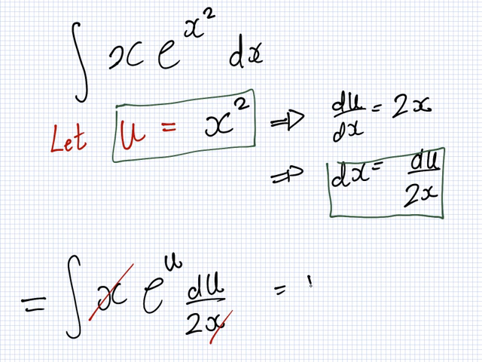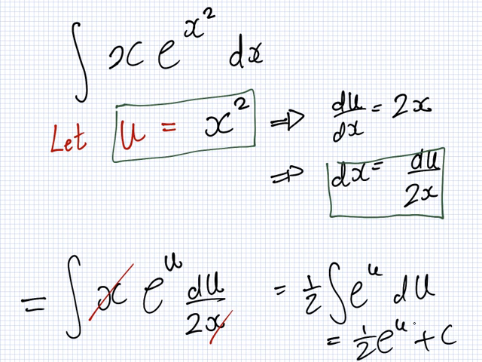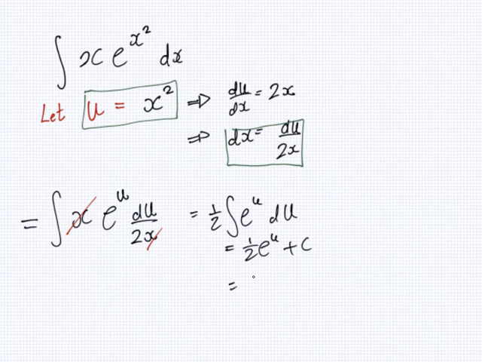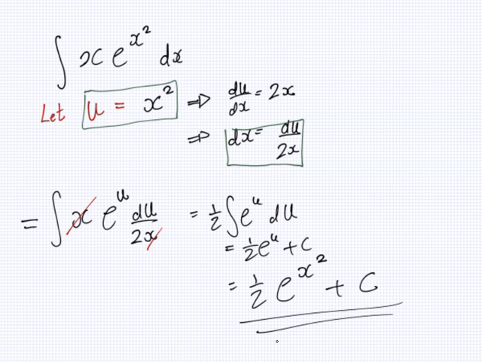So you're left with a half, integrate e to the u du, which is a half e to the u plus C. Although we don't want u, we want x. So this will be a half e to the x squared plus C. And that is the answer. Now they get harder than this, but write this down as our first example.